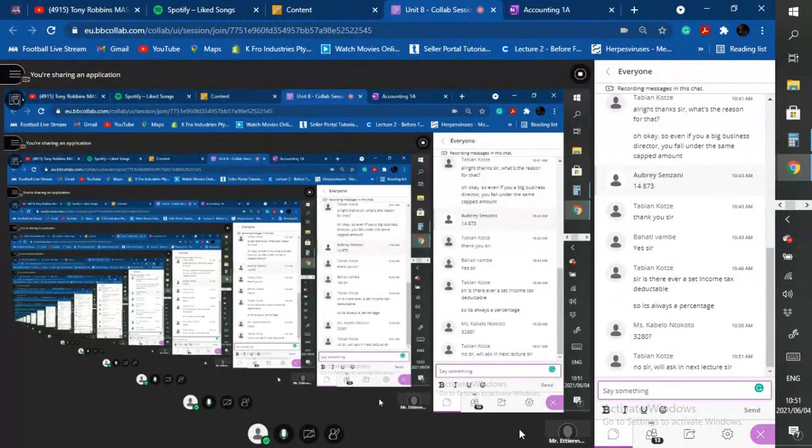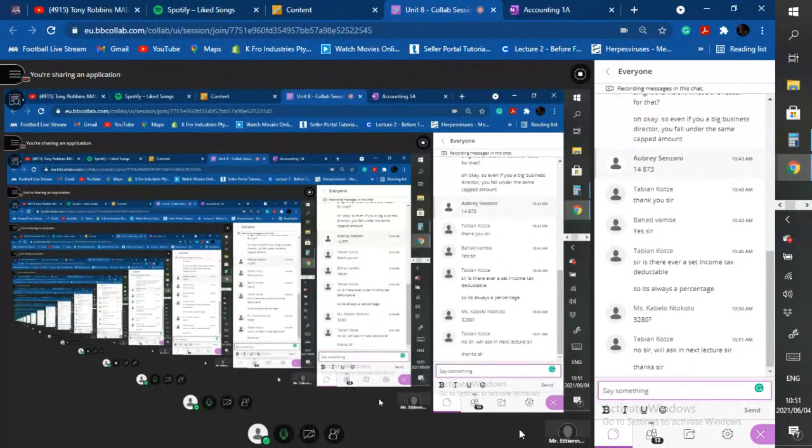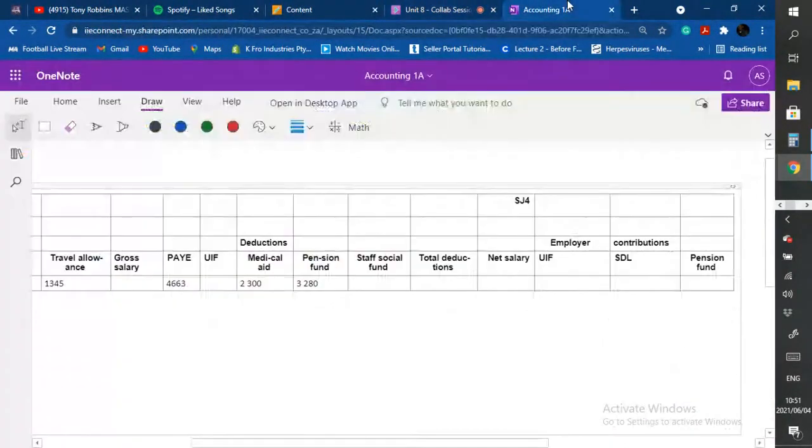All right. Cool. Yes, Cabello, you are 100% correct. Rand for rand means 1 for 1. So in other words, the employer's contribution is also going to be 3,280.